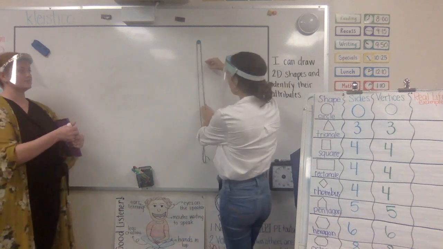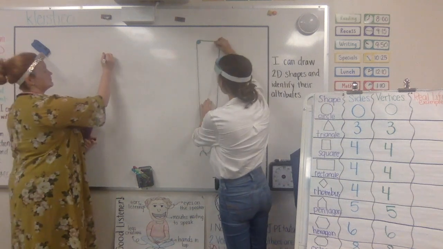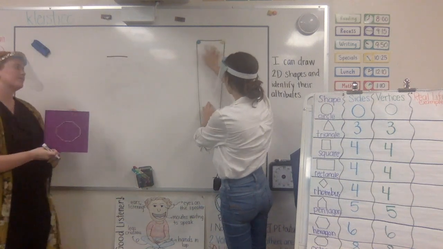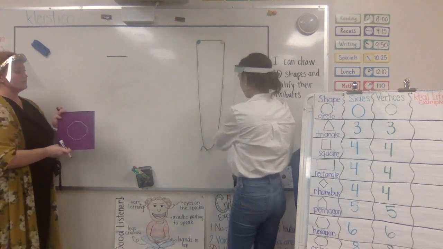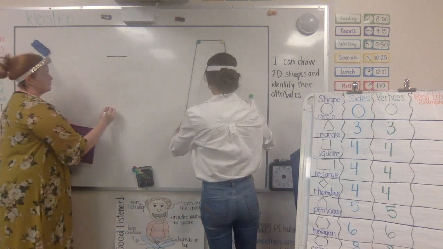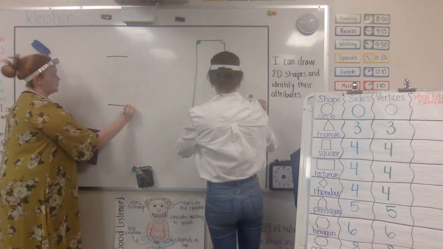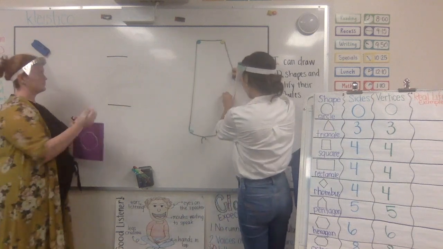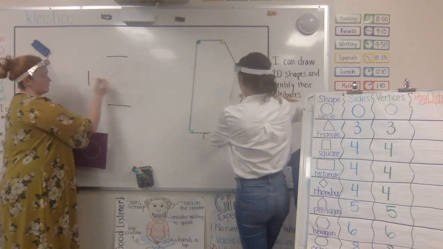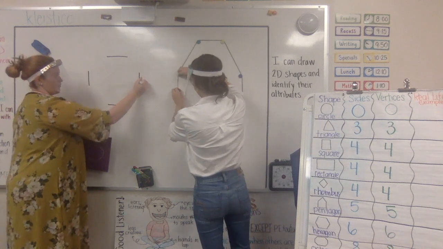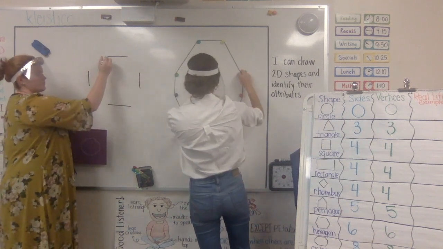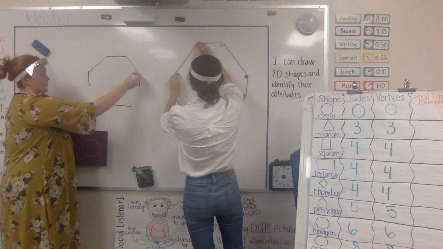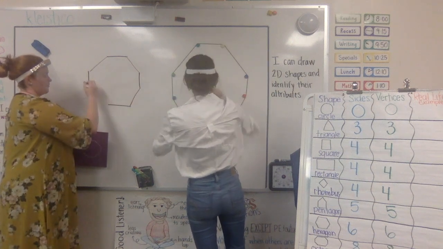So, Miss Lime said we start with a flat top. So I'm going to put 2 vertices up here. And, of course, I need a flat bottom. So I'm going to put 2 more vertices down here. And flat sides. So I'm going to try to build my sides like this. And stretch it out a little bit.